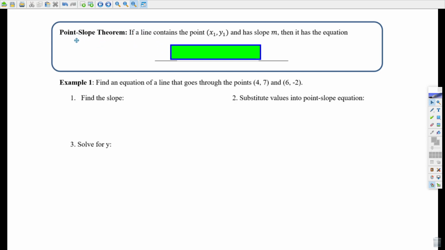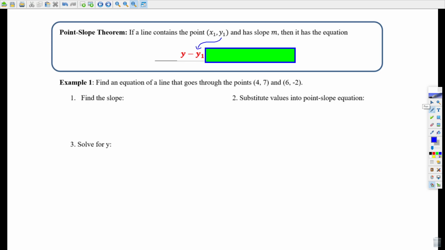So point slope theorem is if you have a line that contains the point x1, y1, so this is going to include a point, and it's going to include the slope m, then the equation we can write is y minus y1, which comes directly from the point. We plug that in, equals m, which is your slope.